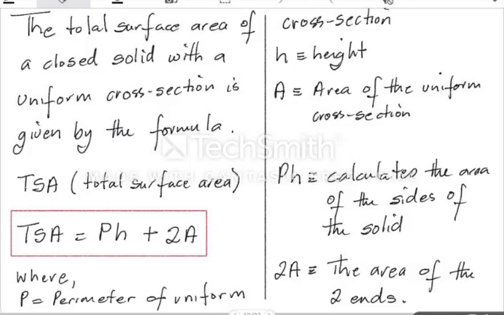PH calculates the area of the sides of the solid, and 2A the area of the two ends. Again, this will have more meaning to you when we actually get into it.